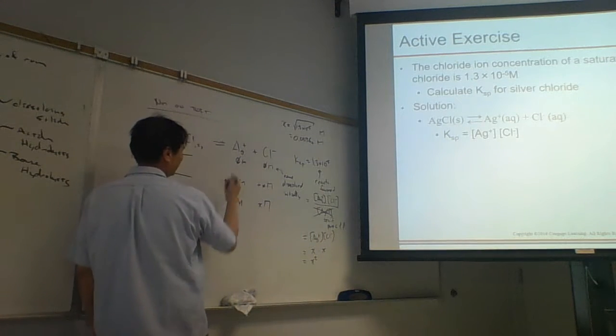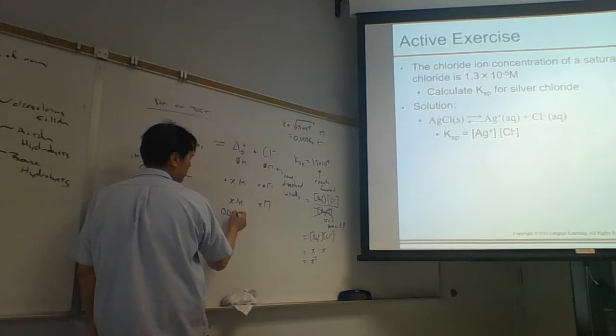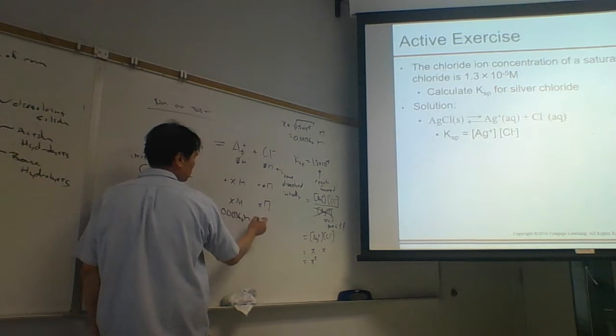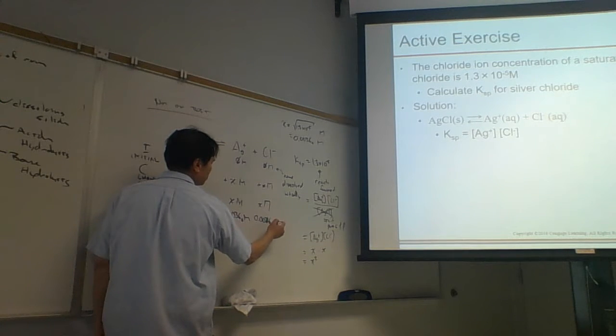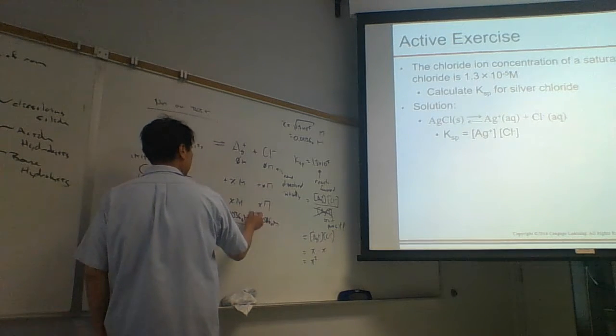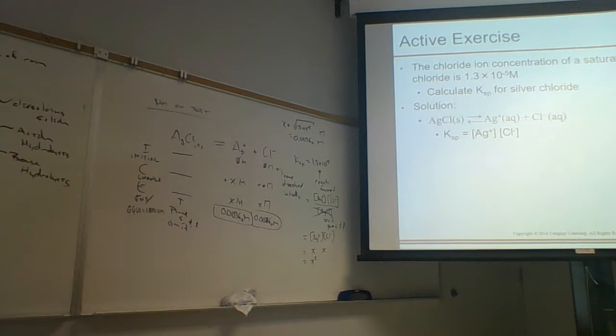And so that means I'm going to start off with 0, and then at the end of this, I'm going to get 0.00360 molar and 0.00360 molar. And so I just did the stoichiometry. For every liter, I'm going to get 0.0036 moles of silver chloride that dissolves. That's how I do it.